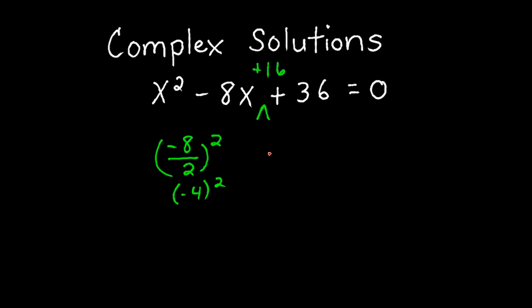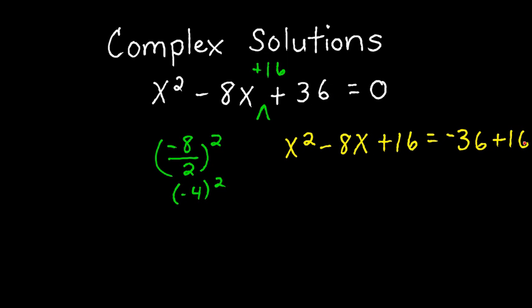I'm going to change this around a little bit, so I have x squared minus 8x plus 16 equals negative 36, which comes from here, being subtracted from both sides. And I'm also going to add 16 to compensate for the fact that I added 16 on the left. Now I'm going to factor this perfect square trinomial into x minus 4 squared equals, if I simplify this, negative 20.